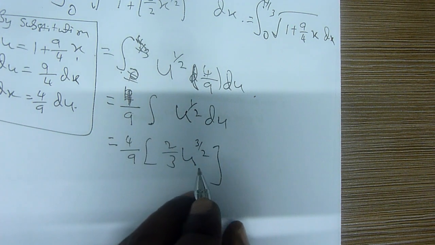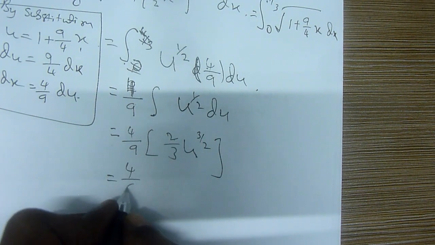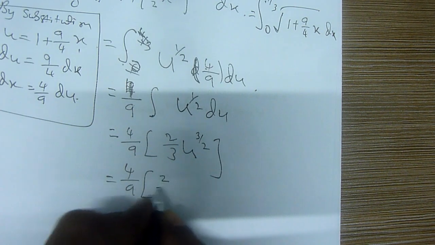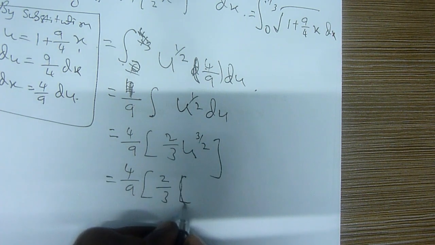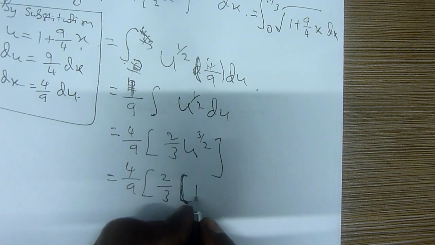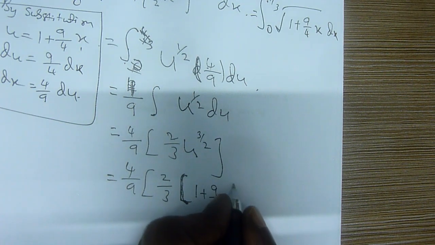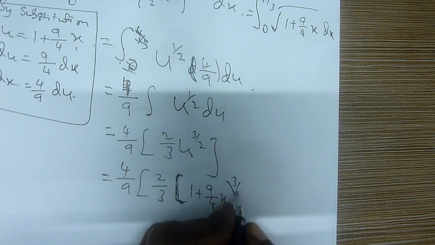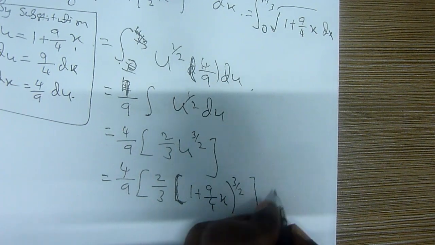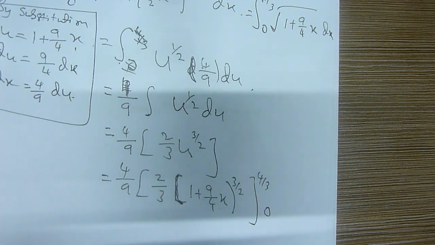But anyway, you substitute back: 4 over 9, 2 over 3, I just substitute back again this as 1 plus 9 over 4x, to the 3 over 2. Now I can use back the whole equation, right?